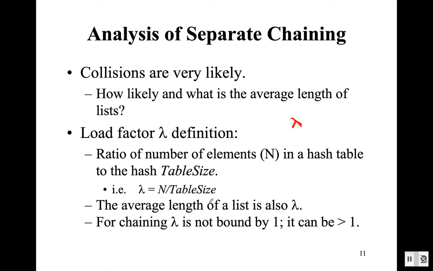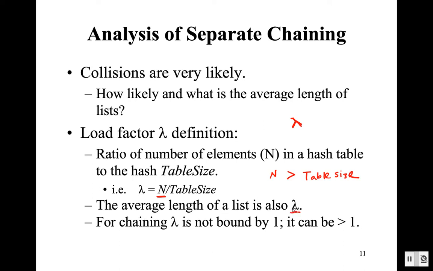But if there are a lot of numbers in the hash table, there will be a lot of collisions. In that case, n could be greater than the table size. The load factor is actually the average length of the list.